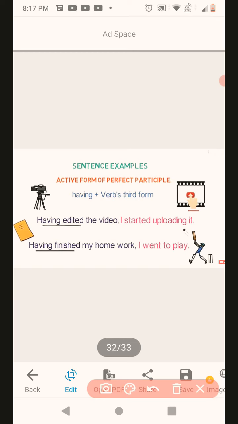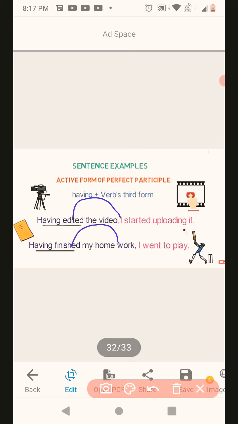it is an example of perfect participle, because I told you the formation of perfect participle is having plus verb's third form, and again it is giving some information about the video, so it is participle, and again it is giving some information about the homework, so it is participle. But it is perfect participle because the formation is having plus third form of verb.